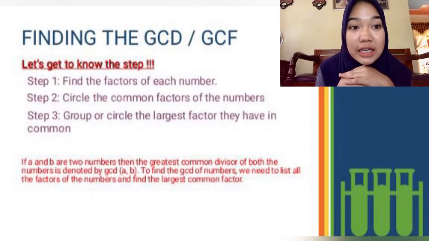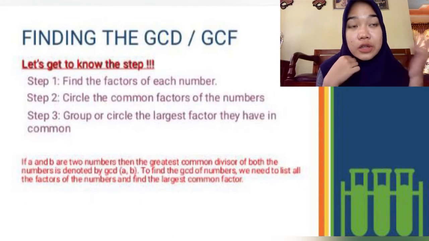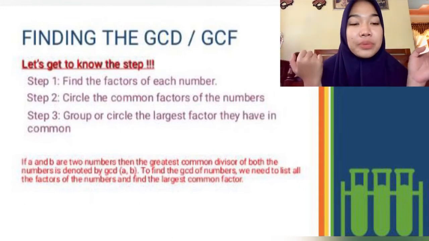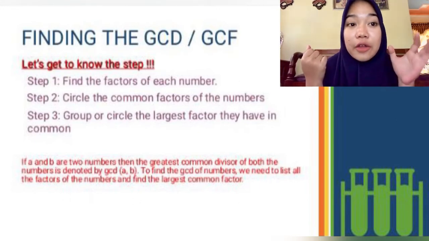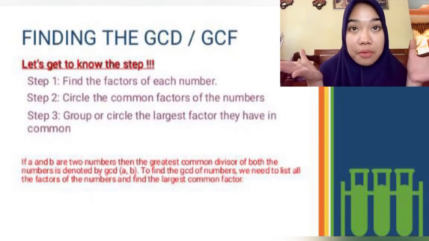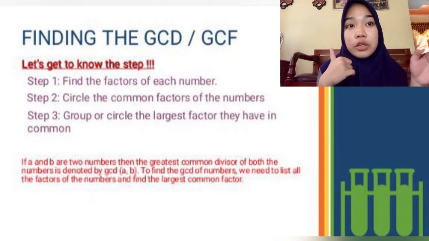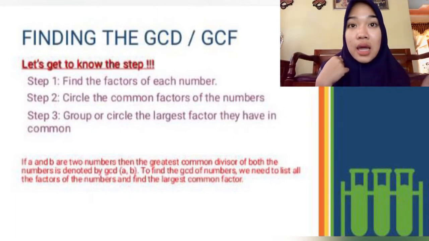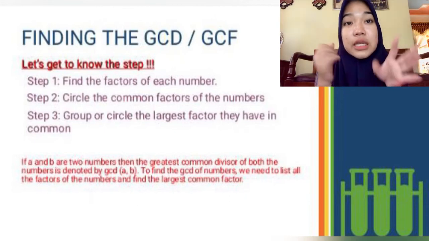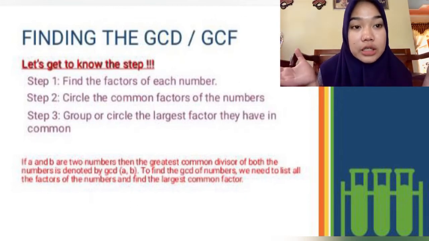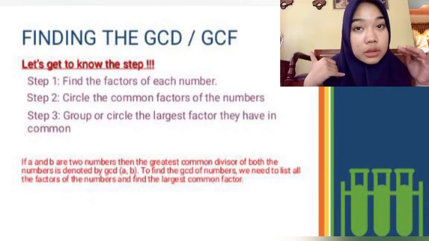Okay, finding the greatest common divisor or greatest common factor, let's get to know the steps. Step 1, find the factors of each number. Step 2, circle the common factors of the numbers. Step 3, group or circle the largest factor they have in common.